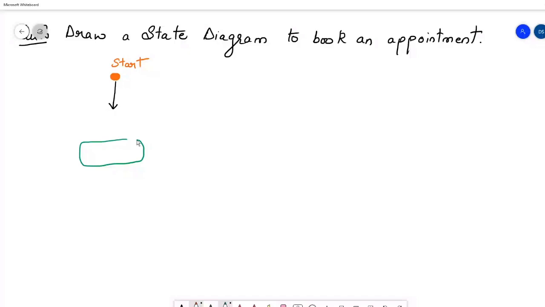So here we can say it's a start for this particular state, calendar check.